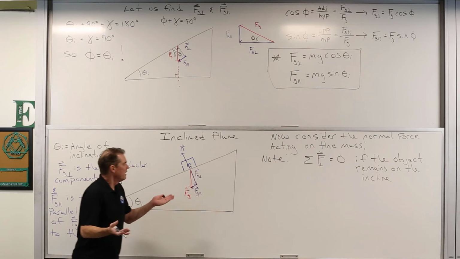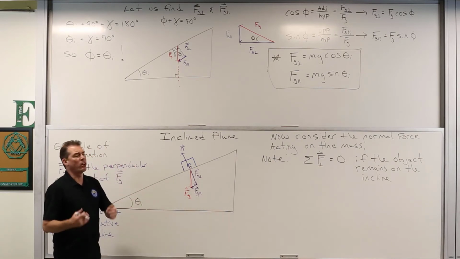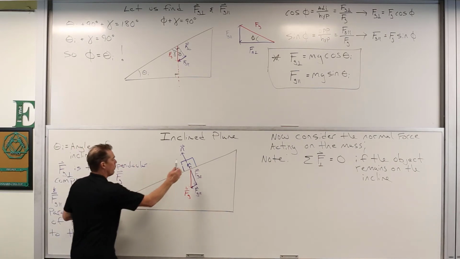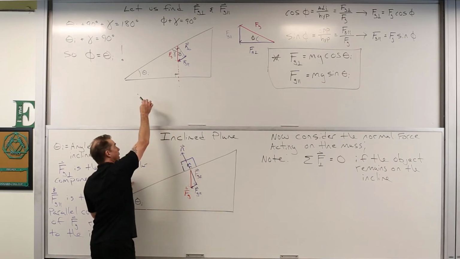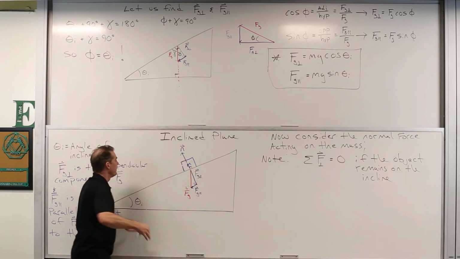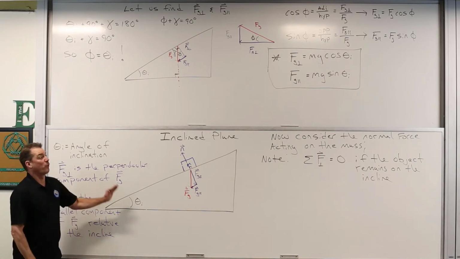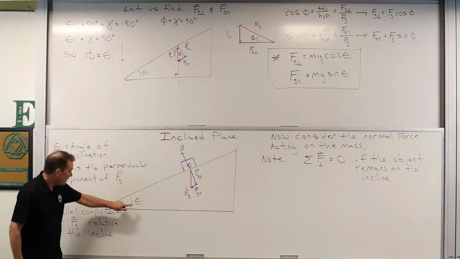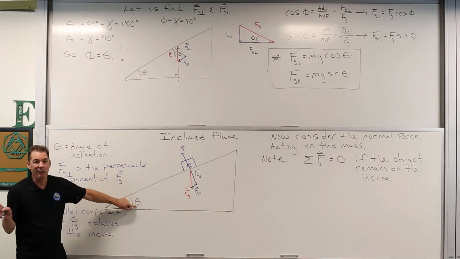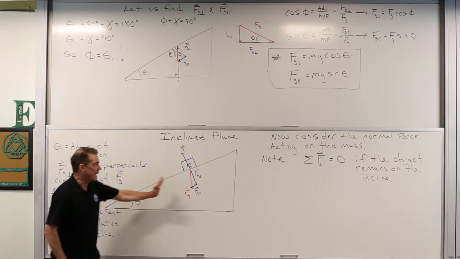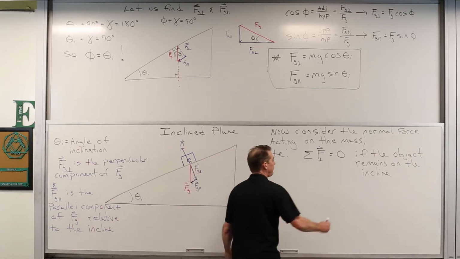Why? Once again, if it weren't 0, we'd have an acceleration perpendicular to the incline, which means that the object would either accelerate that way or that way, which means that it wouldn't be on the incline any longer. And this again is for an inclined plane where the angle isn't changing with time. We're not looking at that. This is a static incline here.